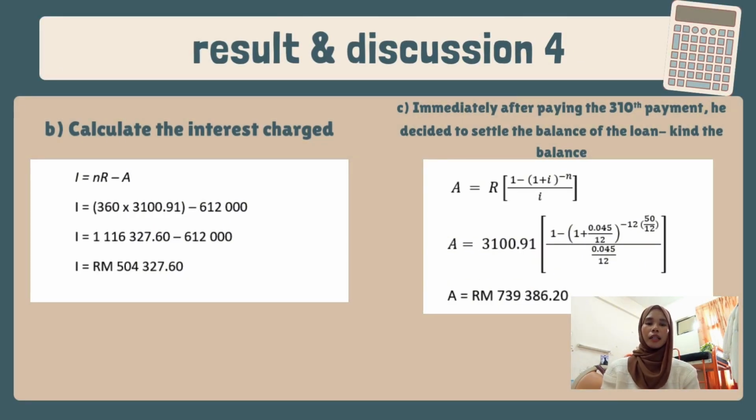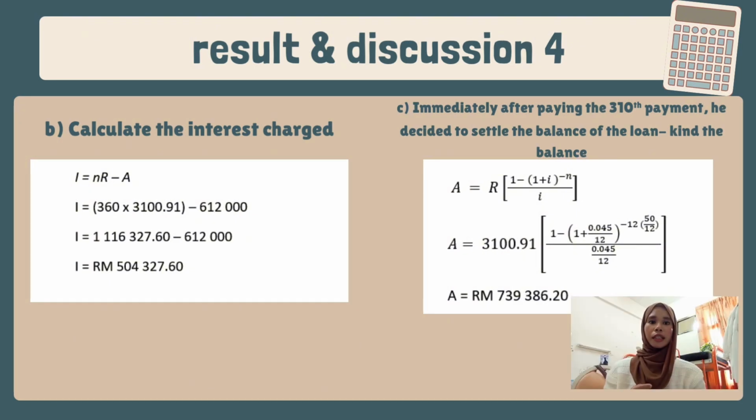For question B, calculate the interest charge. The formula that we need to use is I equals nR minus A. So I equals open bracket 360 multiplied by 3,100.91 close bracket minus 612,000. 360 is 12 months multiplied by 30 years.